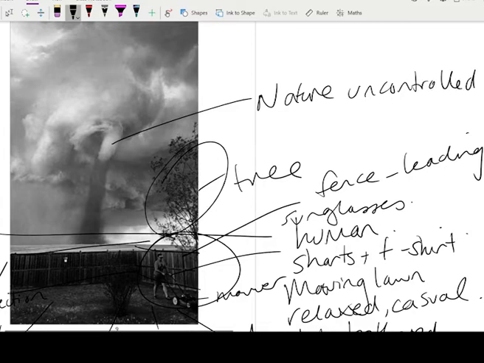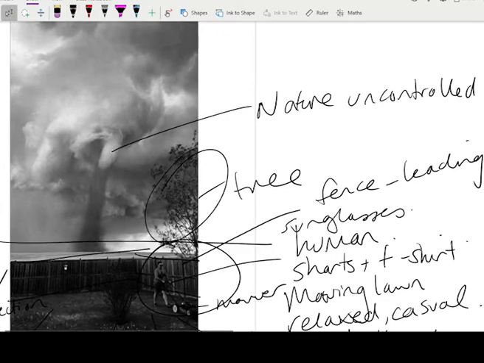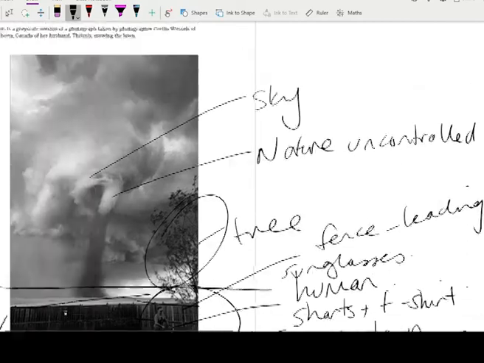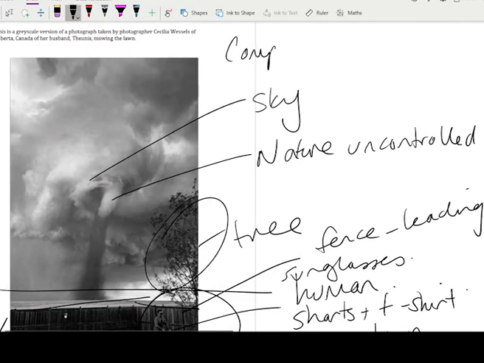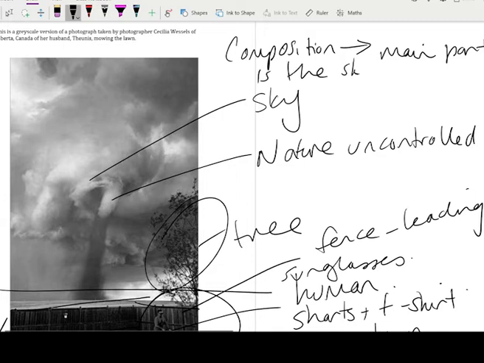And you can see that the major part of the image is the sky. So when you're looking at the composition, you need to note that the main part of this scene is the sky and then the tornado that dominates it.